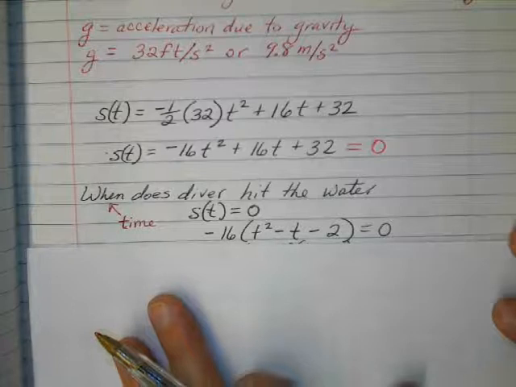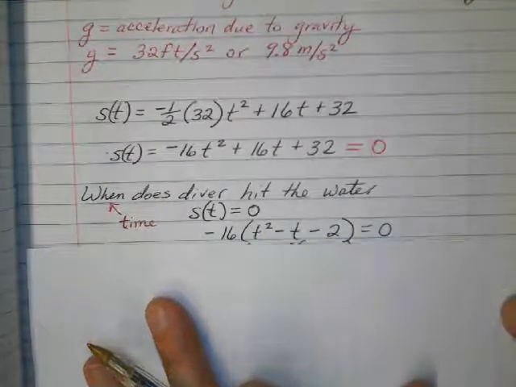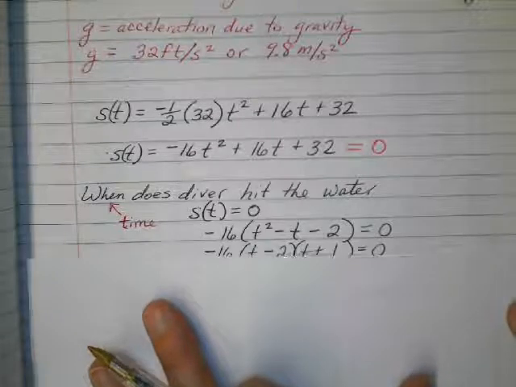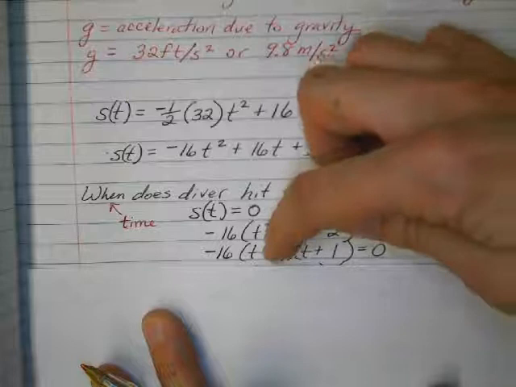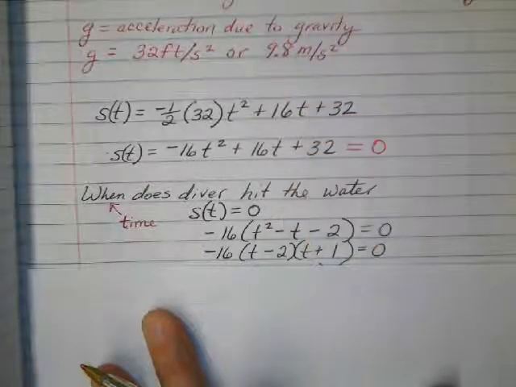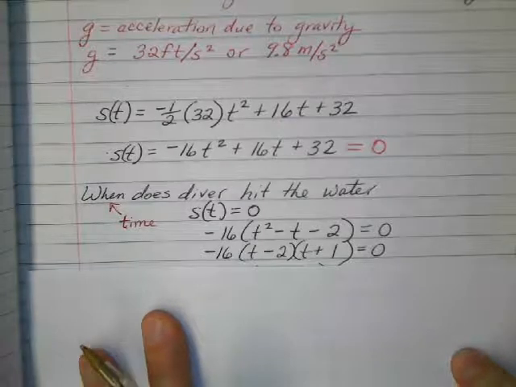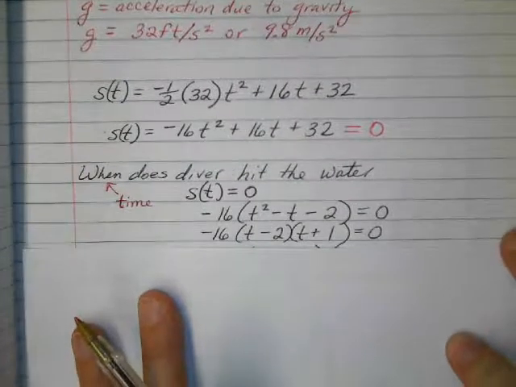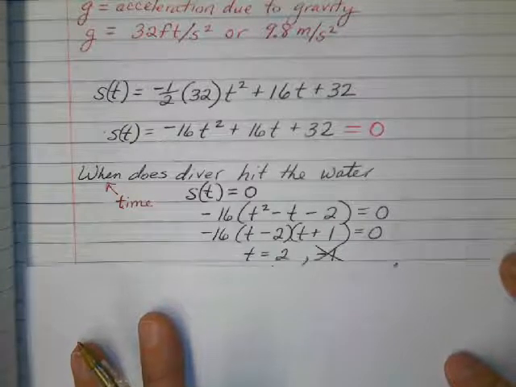Then you're left with this trinomial that you can factor some more. So 2 times 1 is 2, and -2 plus 1 is -1. You've got to get your factoring figured out. So what does t equal? Good job. 2 or -1.